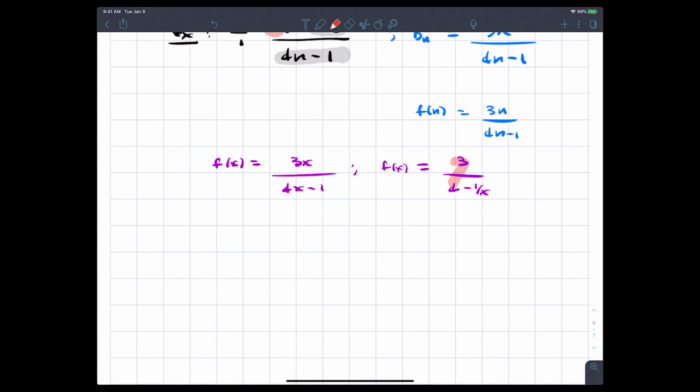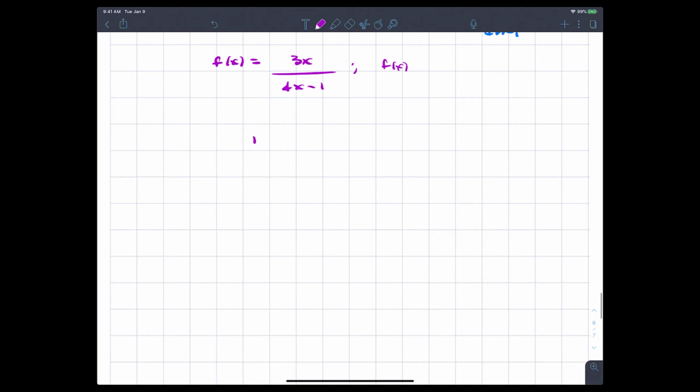We could do a couple of things here. We can write this function this way, if you just divide. Remember your division algorithm: you have 3x divided by 4x. So 3x over 4x gives you a nice 3/4. That goes up here. Now you multiply, and you say, does that give me 3x minus 3/4? And the answer is yes. Let's double check.